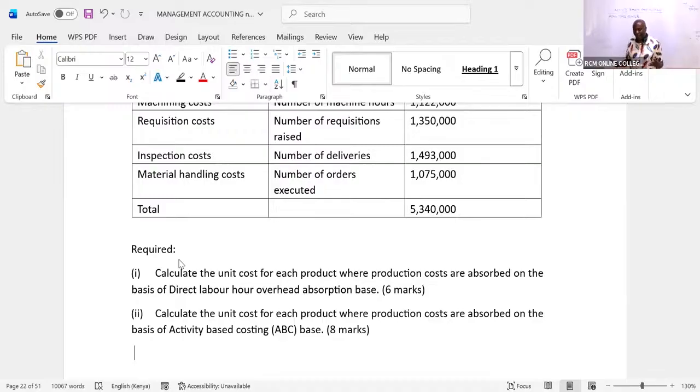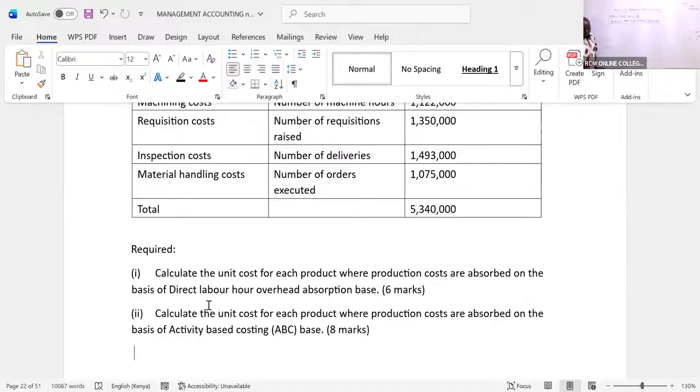Let's analyze the factors. So, cost driver analysis, or analysis of cost drivers, or into brackets here, factors.